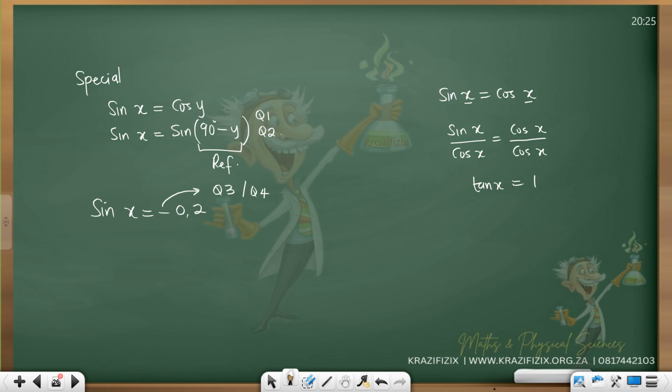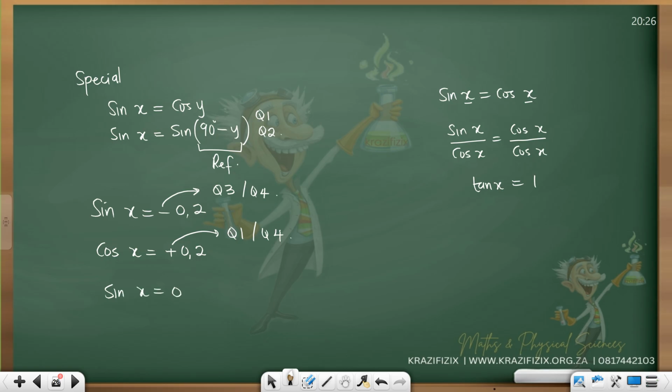Quadrant 3 and quadrant 4. You get that right? Yes, sir.